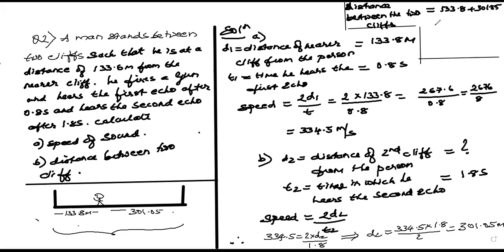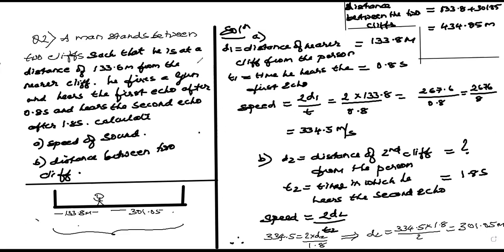So when you add this, the answer will be 434.85 meters, the distance between the two cliffs.